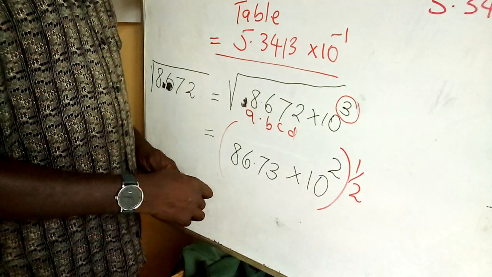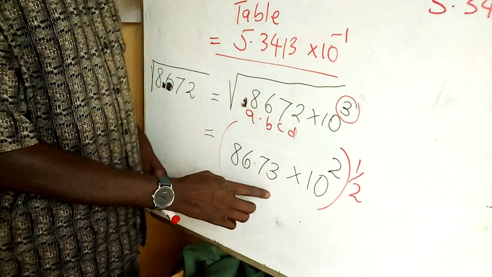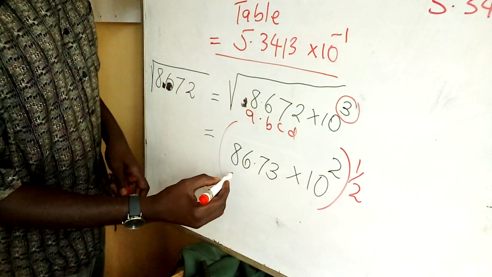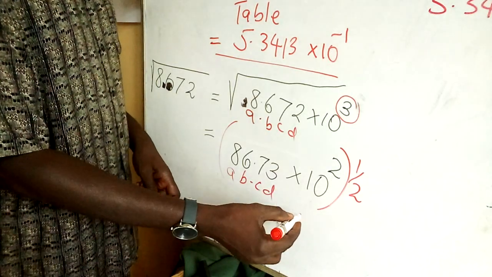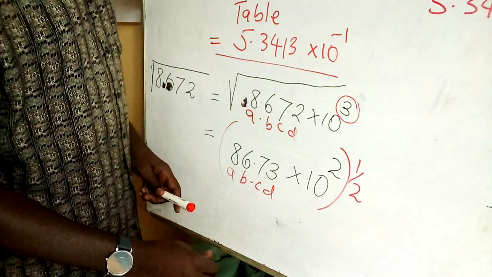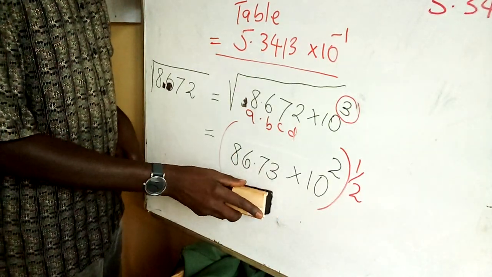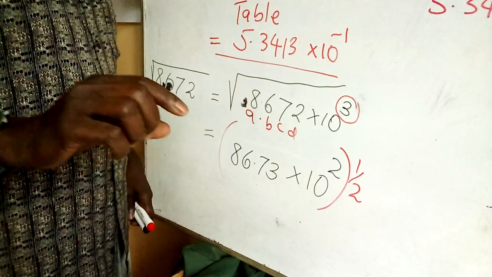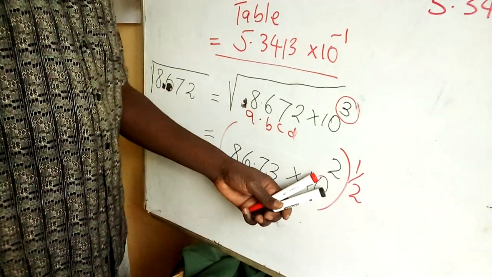Okay, so after doing this, now this is in the form of the second part, which was AB point CD times 10 to the power even. So I want you to finish that and see if you can get the answer. Can you compute this?